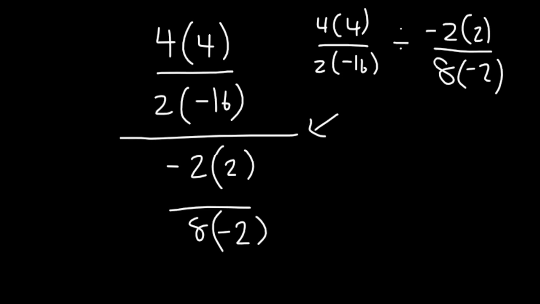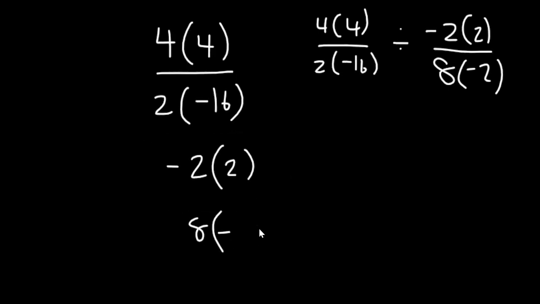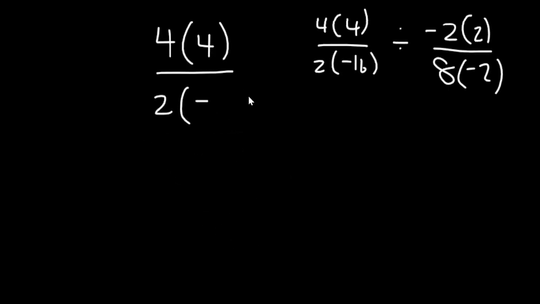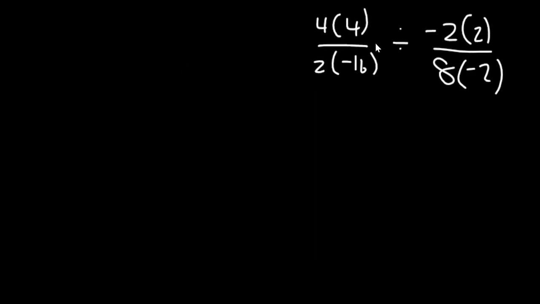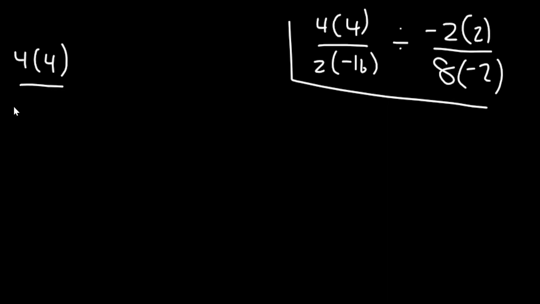So let's solve it. You know that we do keep, change, flip. So let's do that. 4 times 4 over 2 times -16.